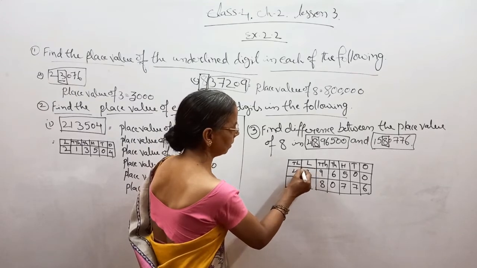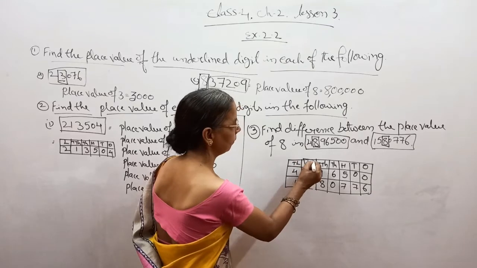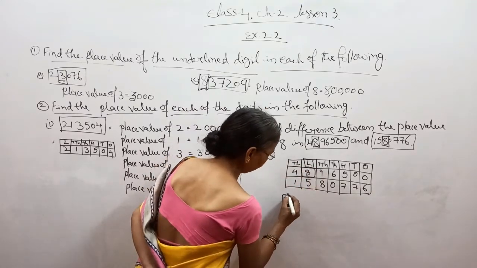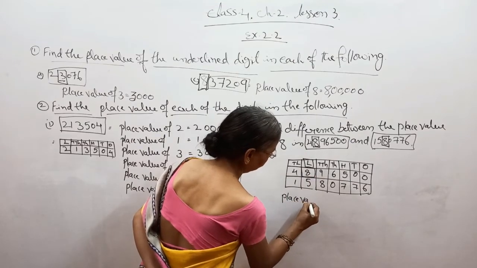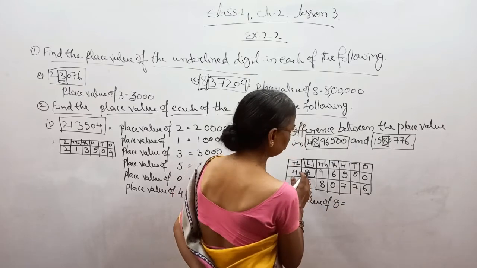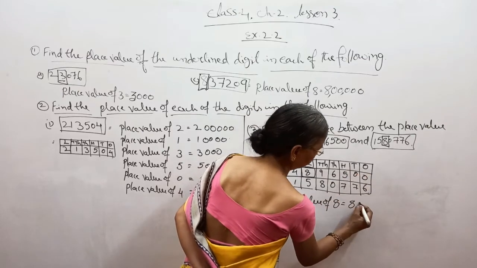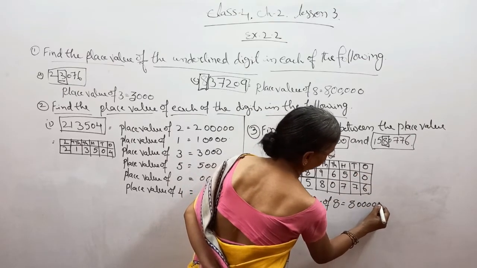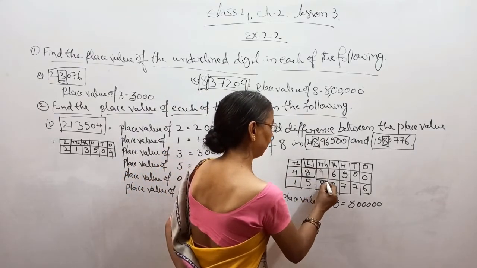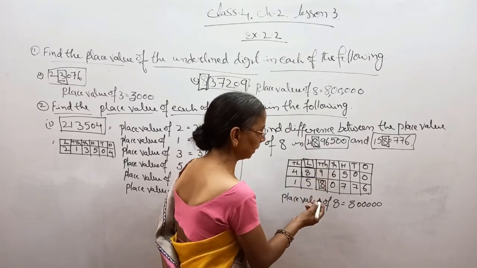तो पहले नंबर का 8 will be here. It is in the place of lakh. Then place value of 8 equals कितना हुआ? 8, 1, 2, 3, 4, 5 digits, that is 8,00,000. Next, in the second number the 8 will be under ten thousands place.